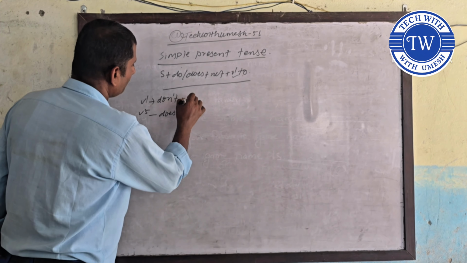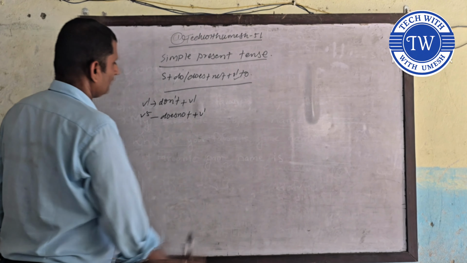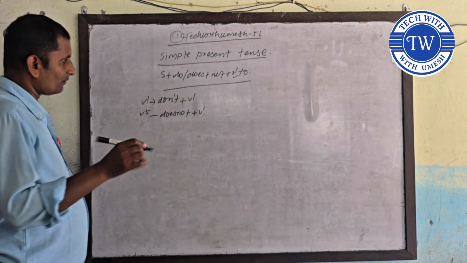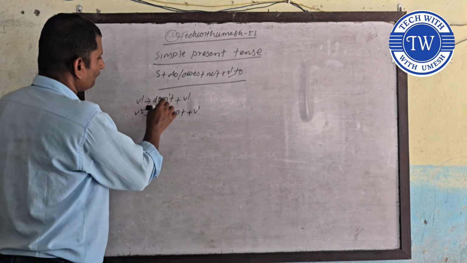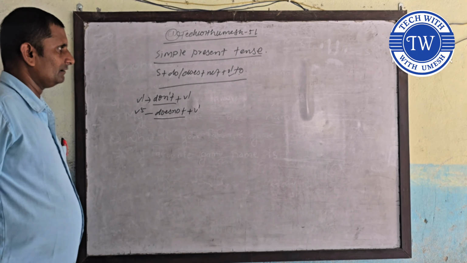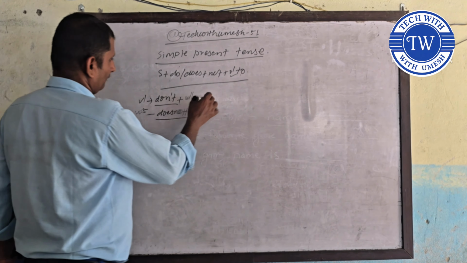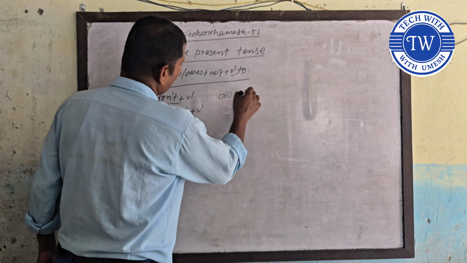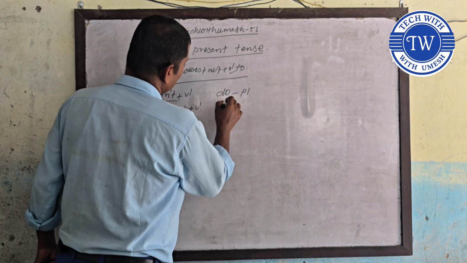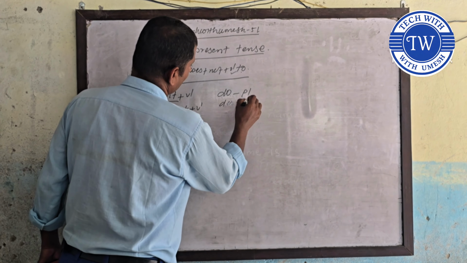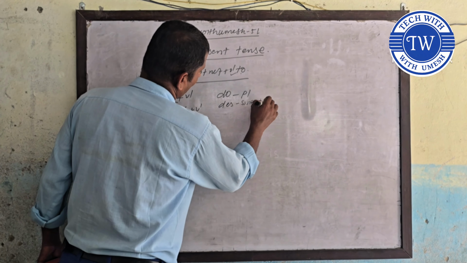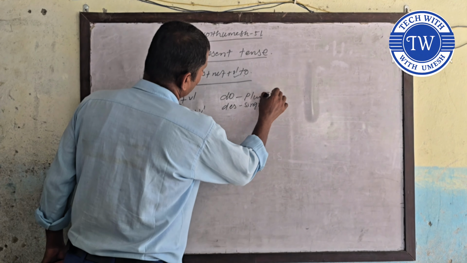The main verb always comes in V1 form after do and does. So, do is for plural, does is for singular.